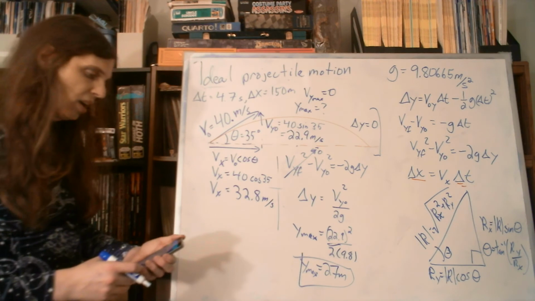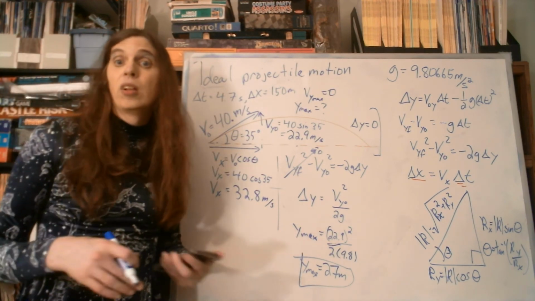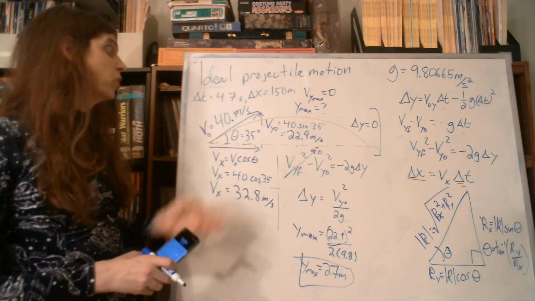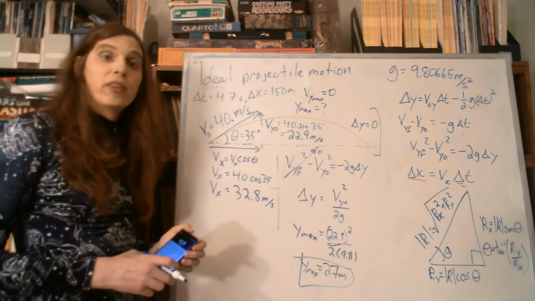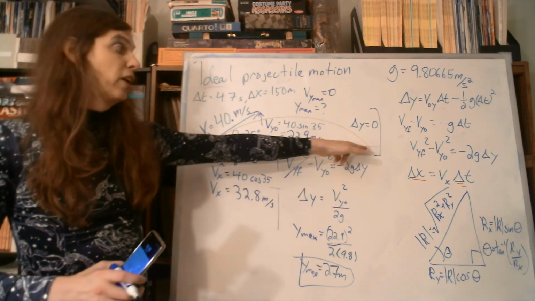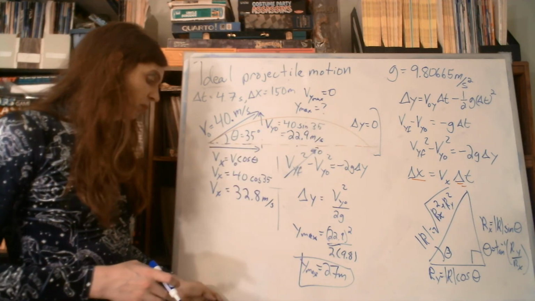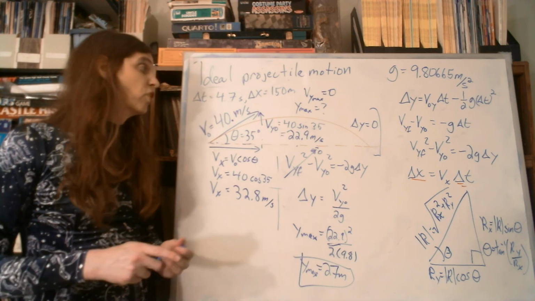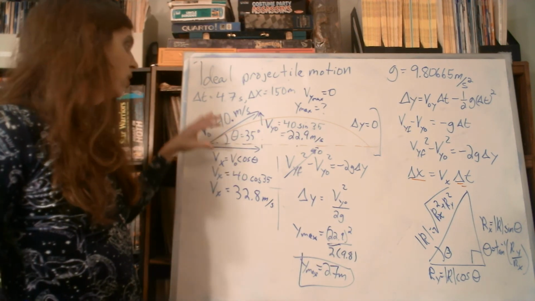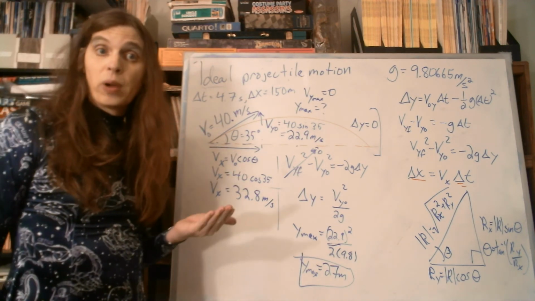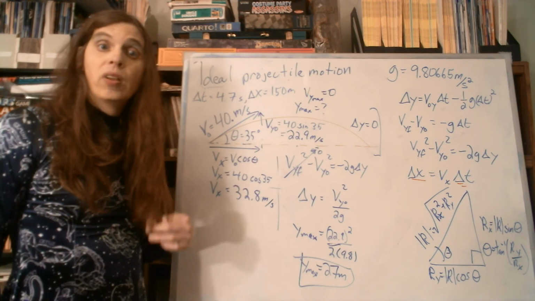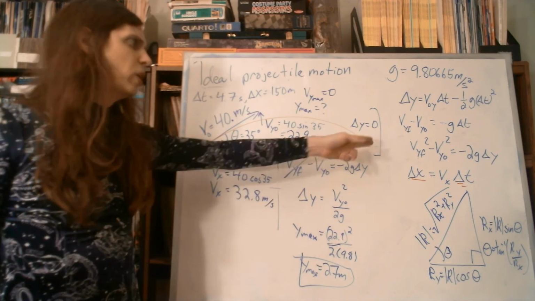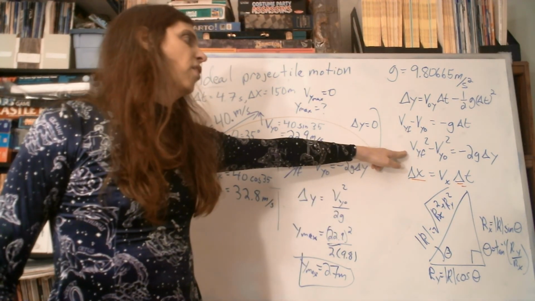Okay, and so that's it. Now, we've got enough information that if we want to, we could work through the problem again and find the final velocity. But we know from experience with one-dimensional motion that the velocity in the y direction is going to be the same size going down as it was up. We can see this in this equation over here.